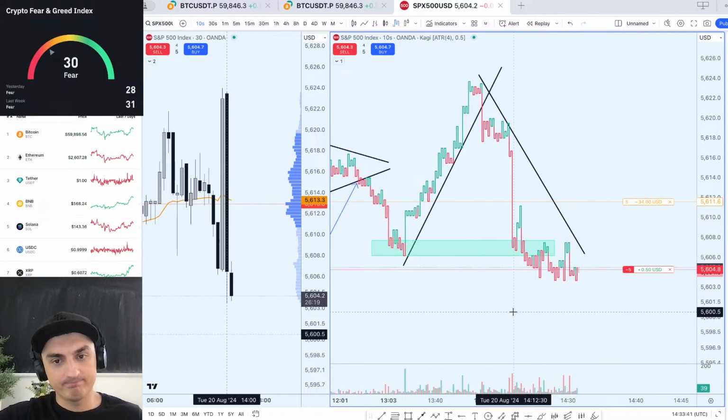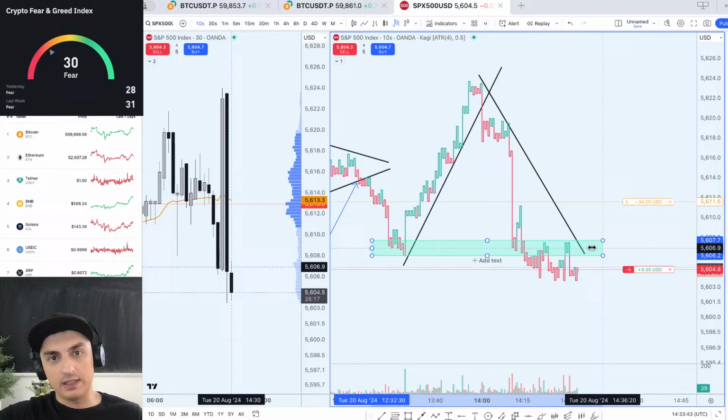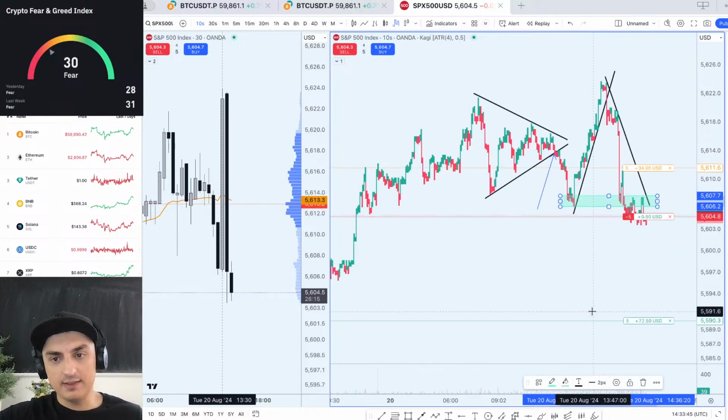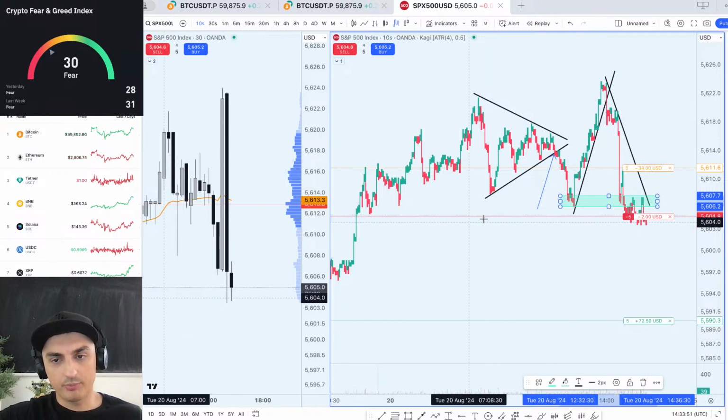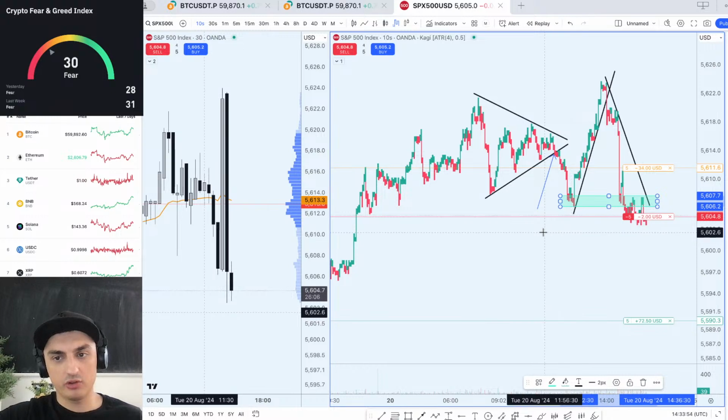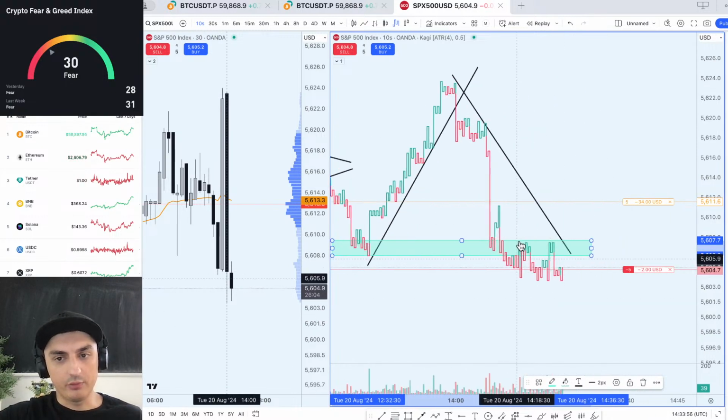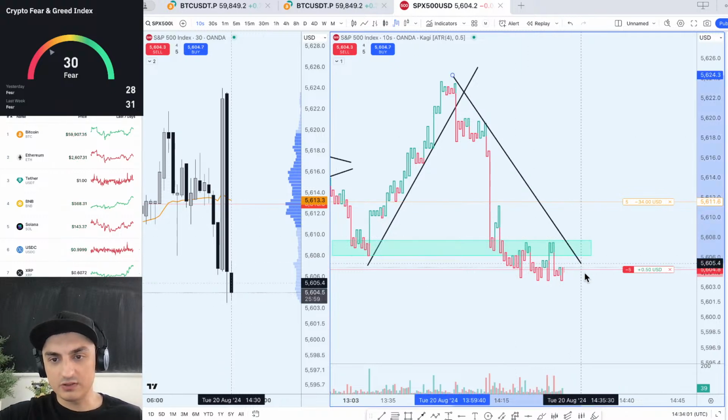Well, there is a potential that we are selling the dip, right? But let's see. S&P broke through the previous day range and the opening day range, consolidating over here, making lower highs during this move. We tested this trend line.